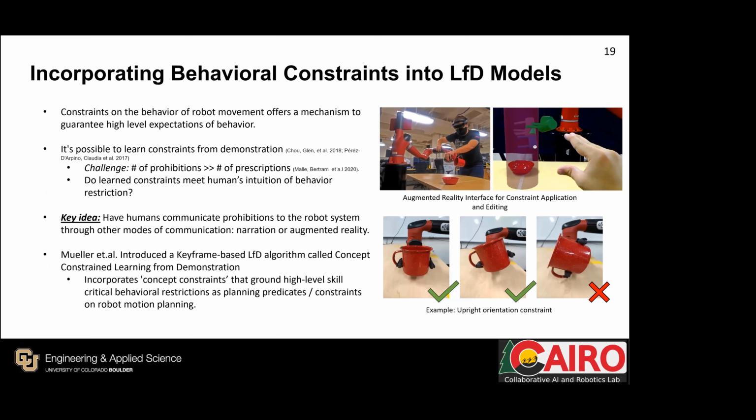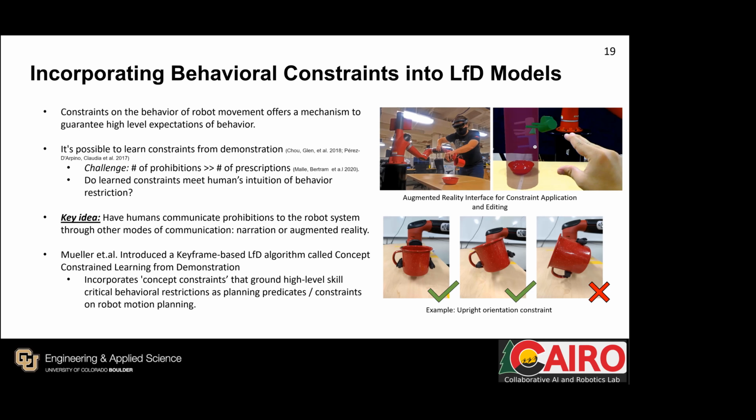Alluding back to the point I made earlier in the discussion about input modes for LfD, there exists a possibility of augmenting these traditional input modes with richer information that allows the learning system to produce a model that much more closely resembles the intended ground truth model that the human user is trying to communicate to the learning system.